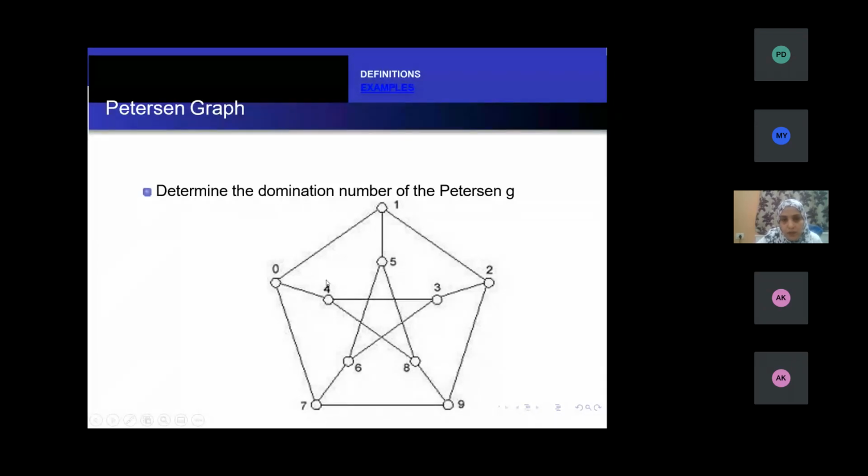In this graph, we have to select such vertices which are dominating, or we can say we have to select vertices whose degree is more.